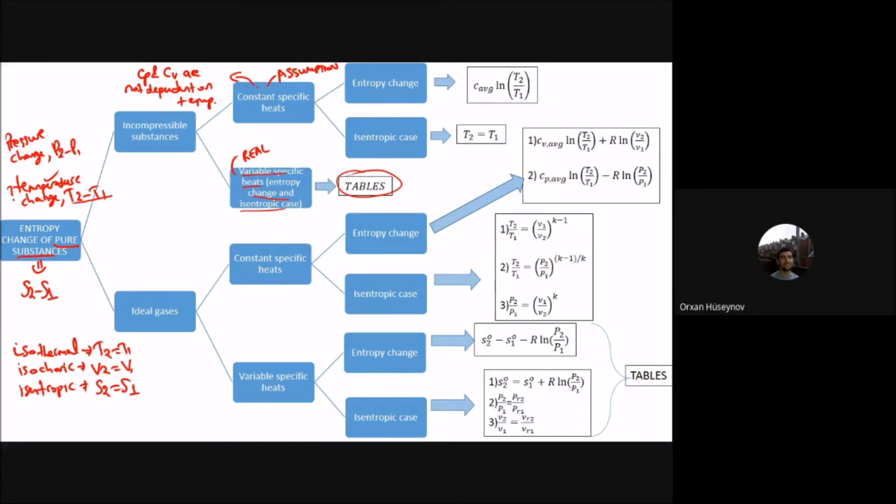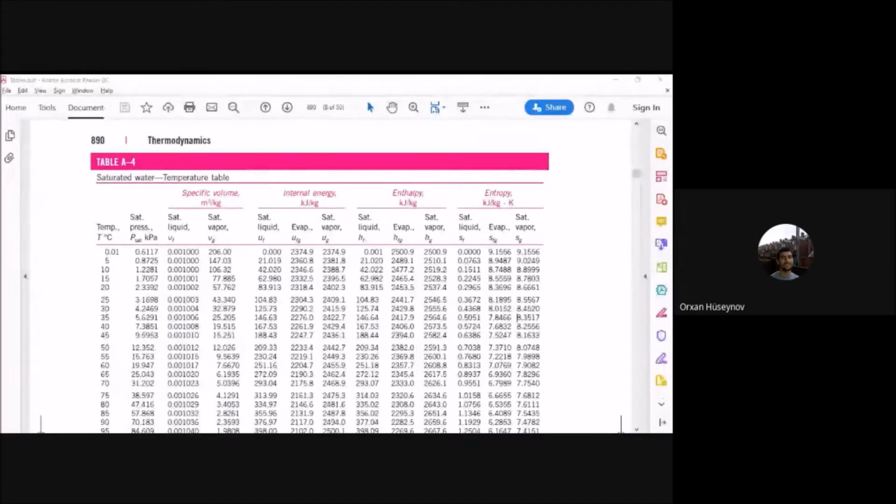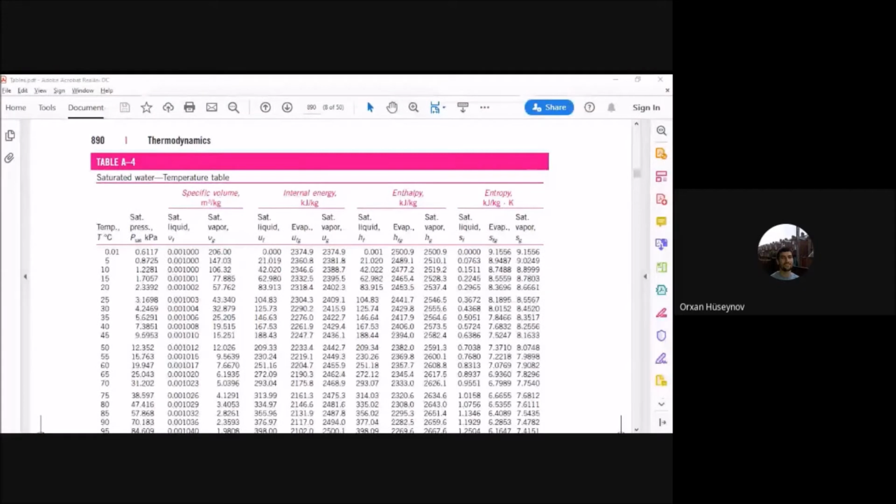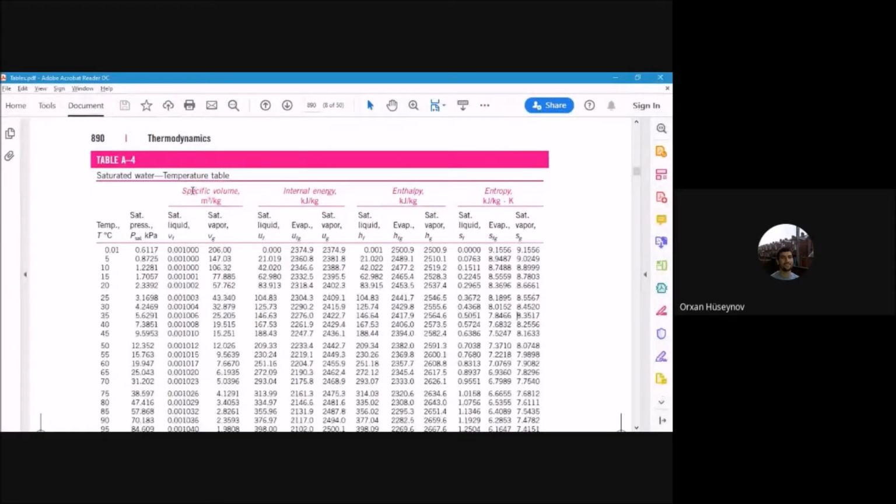You can see that. Now you will see the entropy column. The specific volume part you have used from the first thermodynamics class, and the internal energy and enthalpy we have used most of the time.